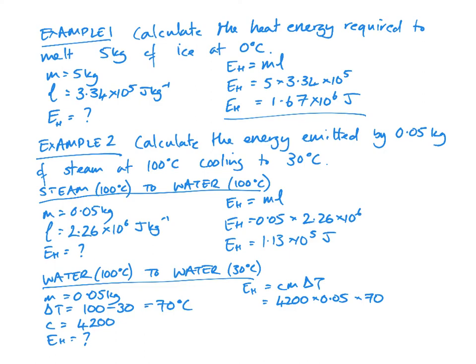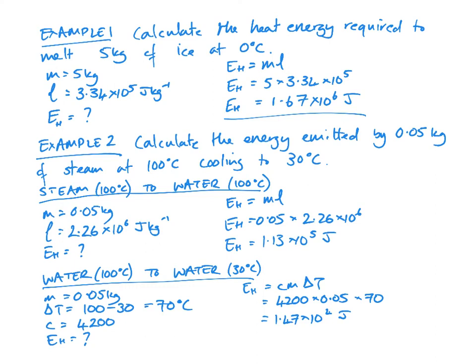Plug that into our calculator. And we can see it's a much smaller number. So the change in temperature involves much less energy than changes in state, and that's quite common.